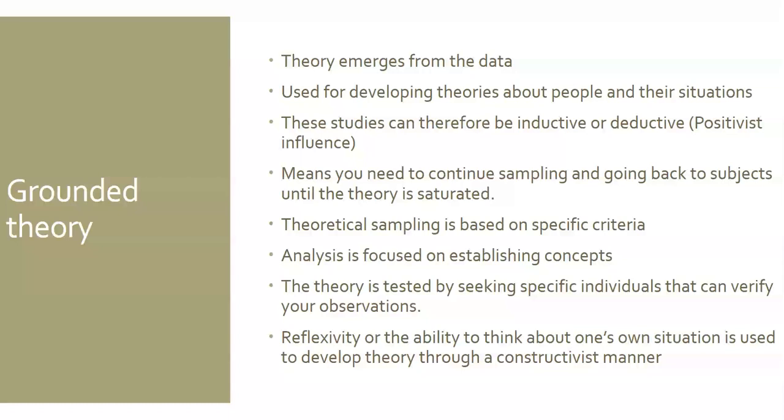Typically in a grounded theory design, you would go back to your participants quite frequently, and the idea of the study would be to develop a theory about people and their situations.